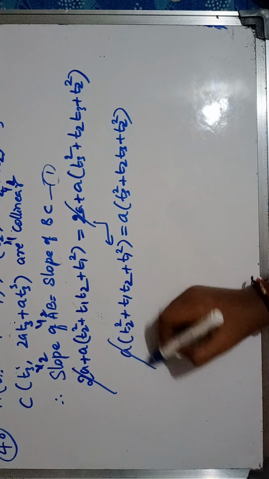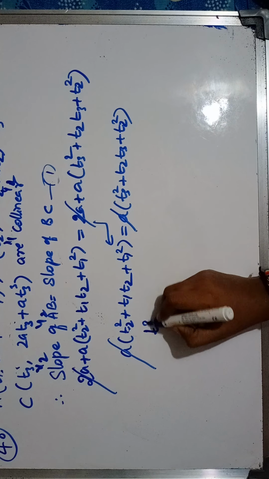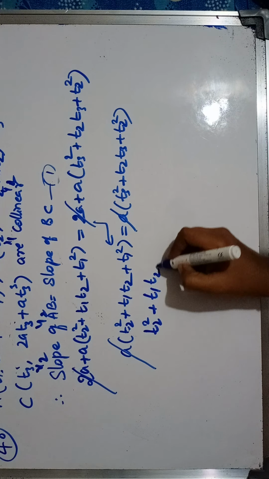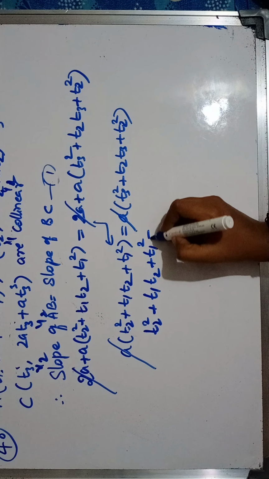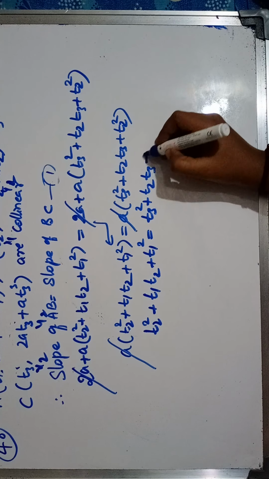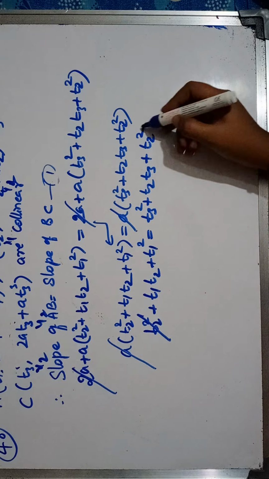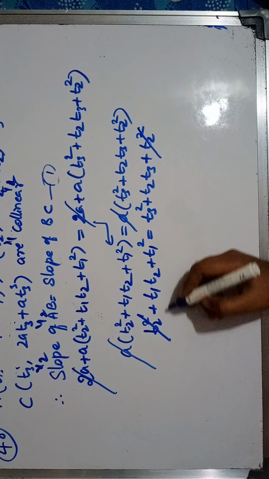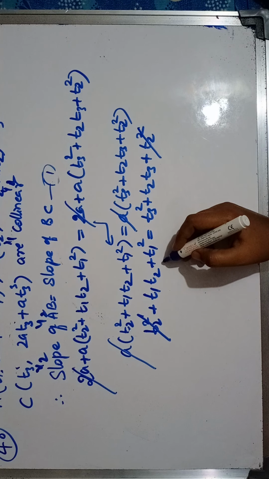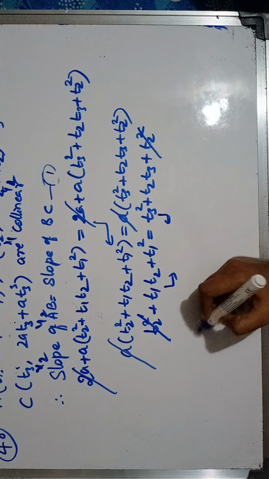Again a by a gets cancelled on both sides. What we are left with, t2 square plus t1 t2 plus t1 square is equal to t3 square plus t2 t3 plus t2 square. So here t2 square cancels. Now let me take this term to LHS and this term to RHS.